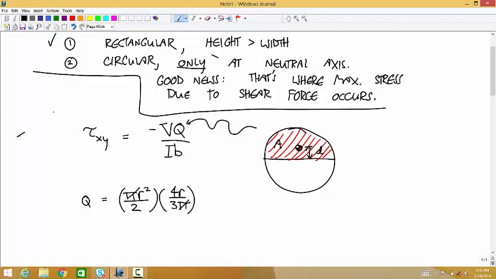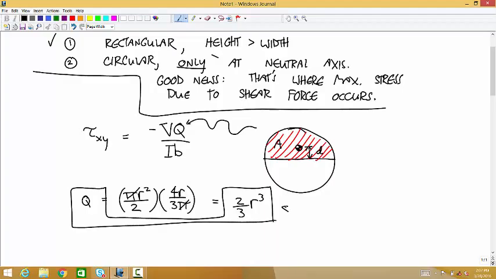And so the pi's cancel, and you end up with 2/3 r to the third. So this is the only Q that we use for circular cross sections.